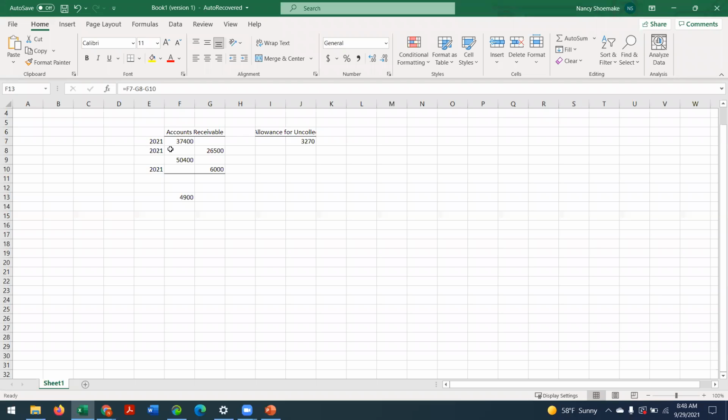This was the cash we received in 2021. And here was the additional cash we received in 2022 for 2021. So all we're doing in this particular situation is writing off what we know we're not going to receive of the 2021 sales. Now we're going to start talking about 2022.